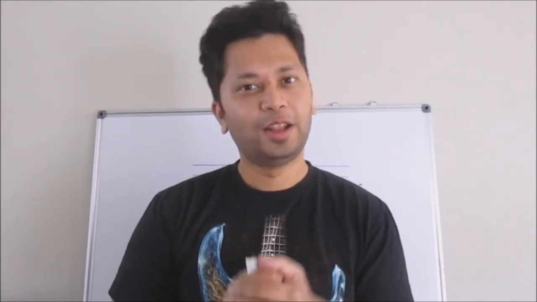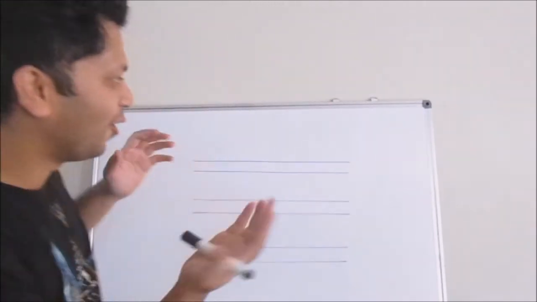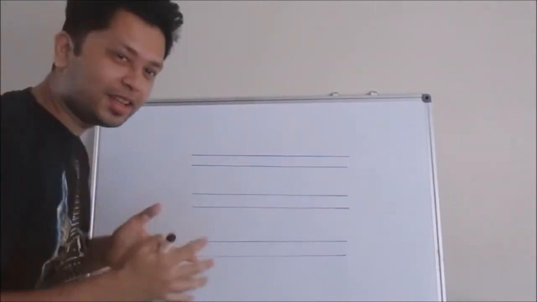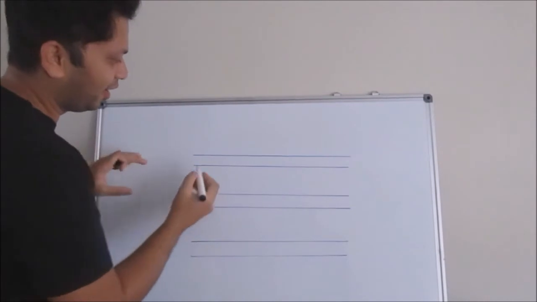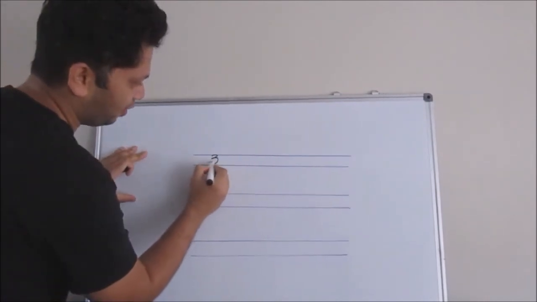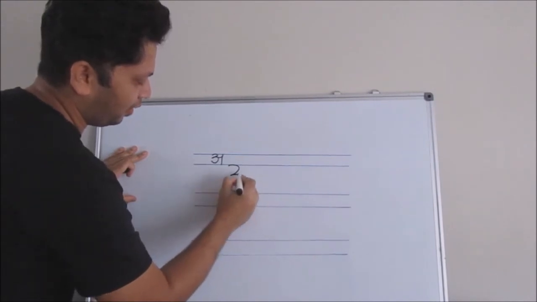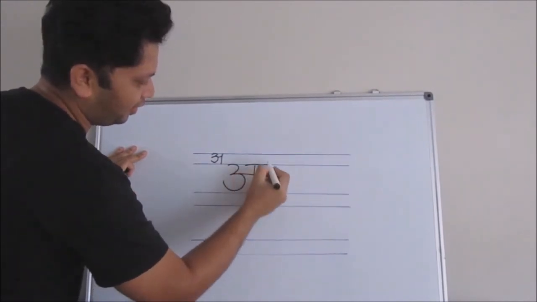Not everyone in school had the chance to study Hindi or Sanskrit, but if they chose any one of these subjects, they would be forced to use these books. Now, there was always a confusion when writing Hindi. Should we write like this, or should we write it like this?